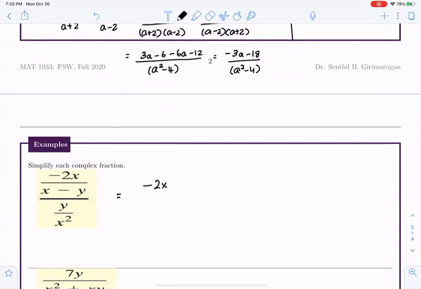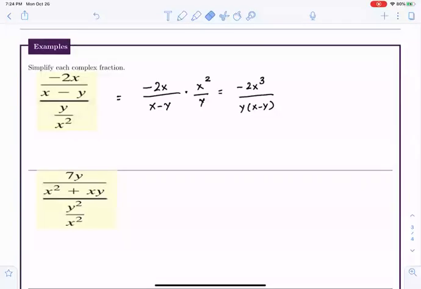So I have negative 2x over x minus y. Flip, we have x squared over y. Negative 2x times x squared would be negative 2x cubed divided by y times x minus y. And that's it.